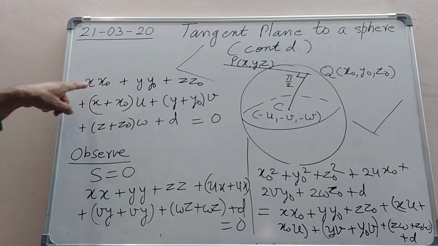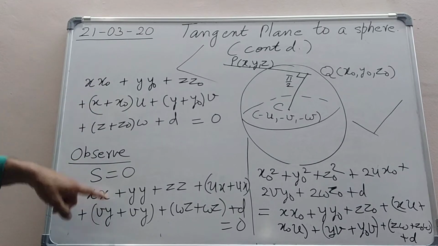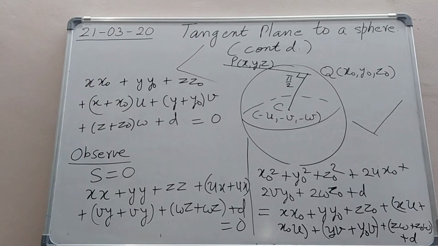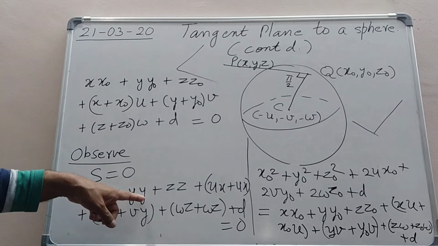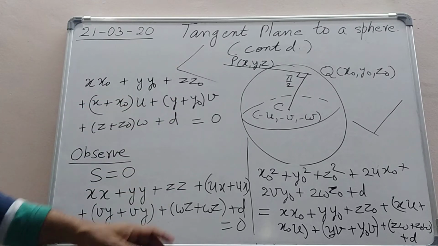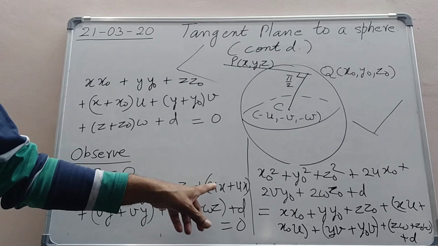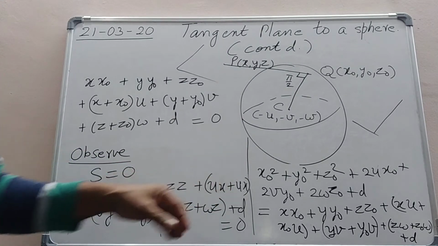So look at this and look at this. You can get this from this by replacing this x by x naught. Similarly, replace this y by y naught. Replace this z by z naught. This was the term 2 times ux, which I have split as ux plus ux.